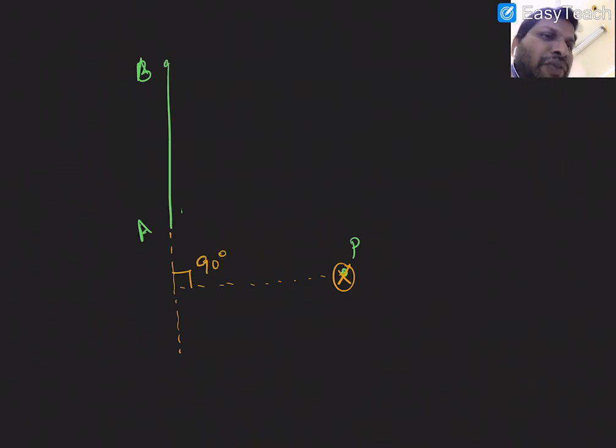This is 90 degrees, and this is rho. The direction of a rho is like this, and the direction of the wire, a L, is like this. Then the magnetic field will be going inside.